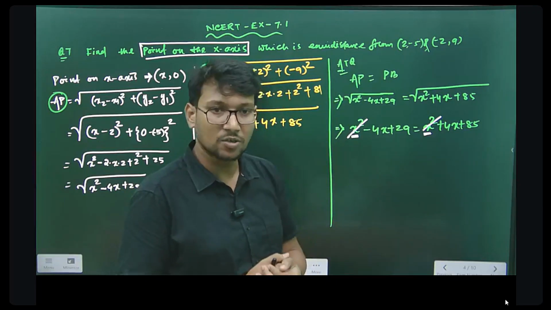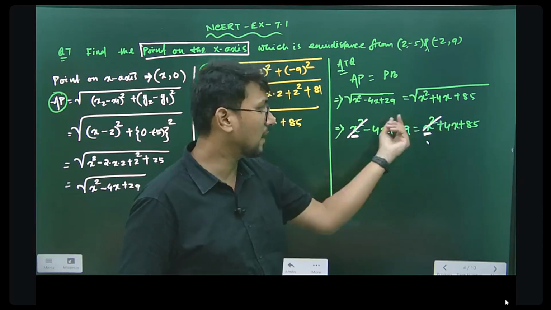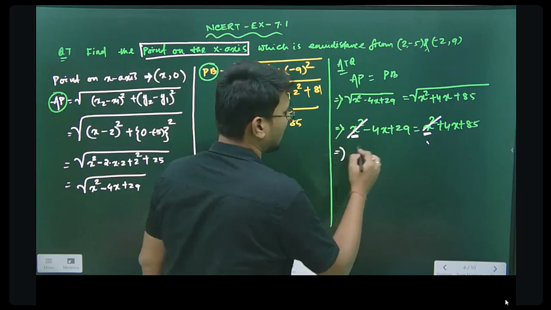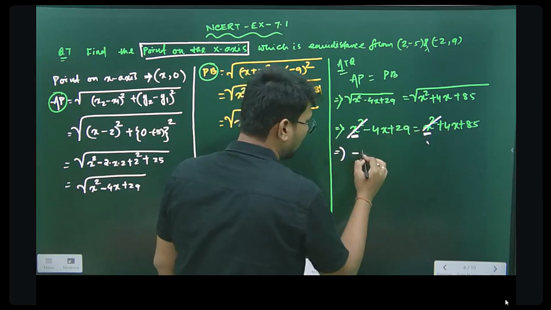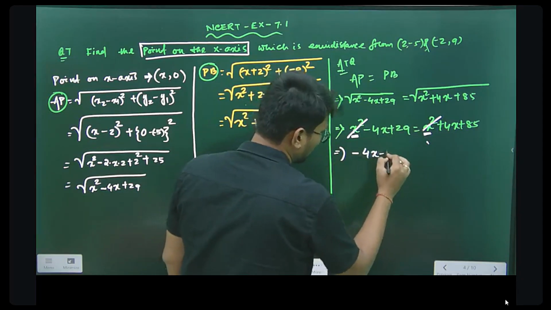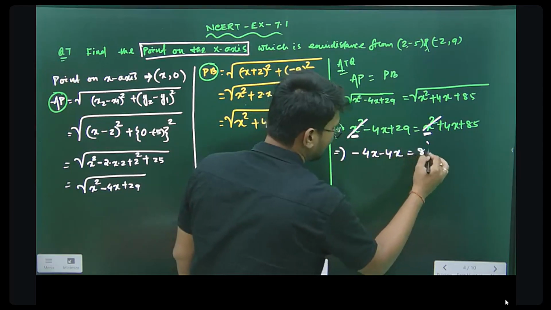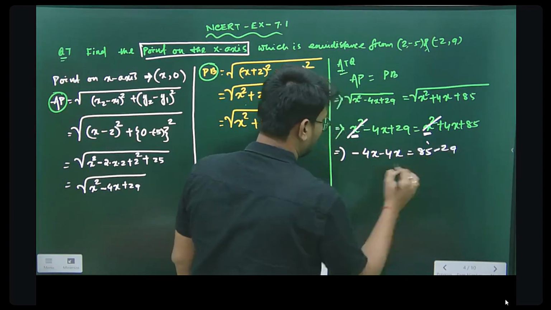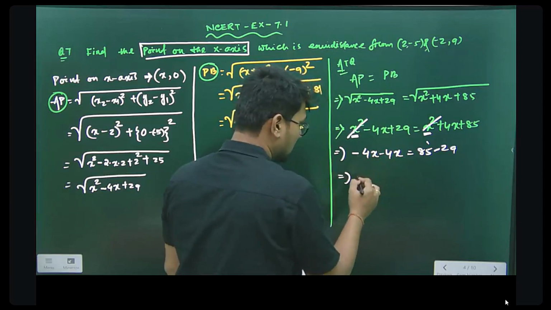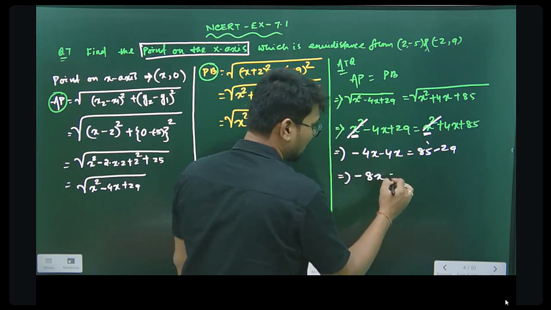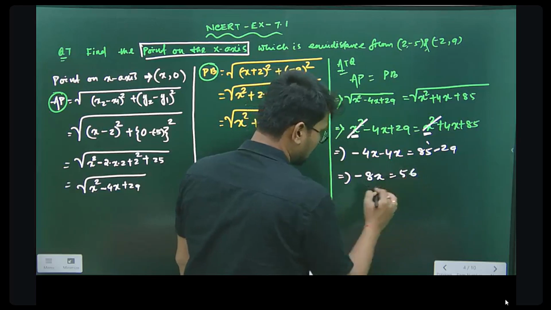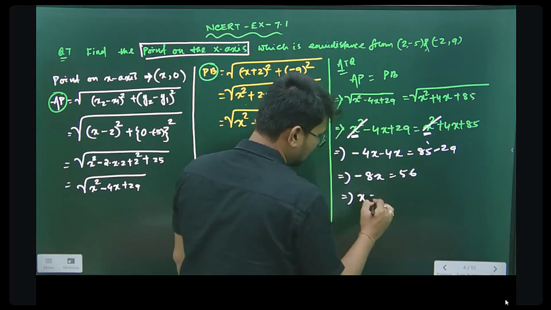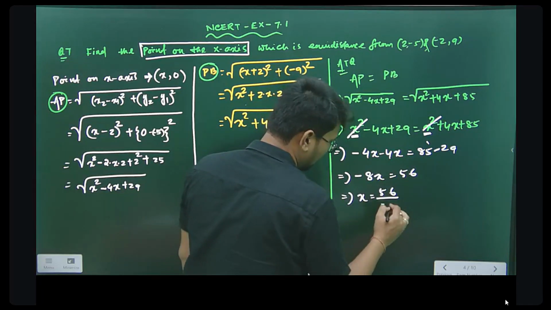Got it? So what you have to do? You have to bring this 4x to the left hand side. Whenever you bring it, it will become minus 4x. Minus 4x minus 4x equals to plus 85 minus 29. Hence, minus 8x equals to 56. So x equals to 56 all divided by minus 8.